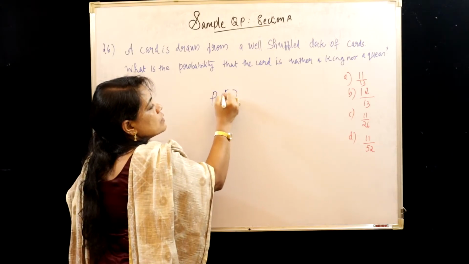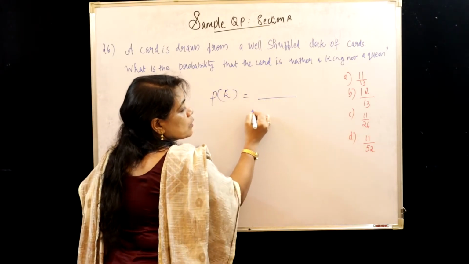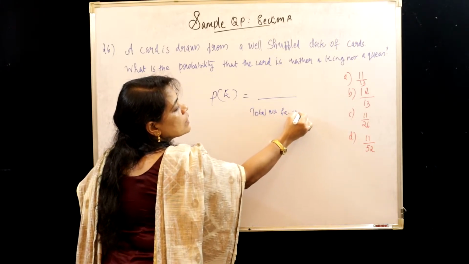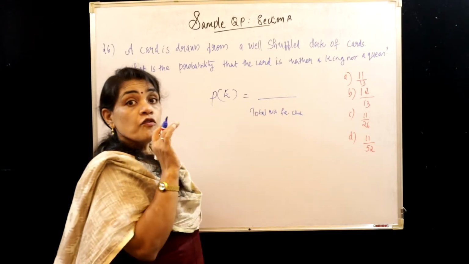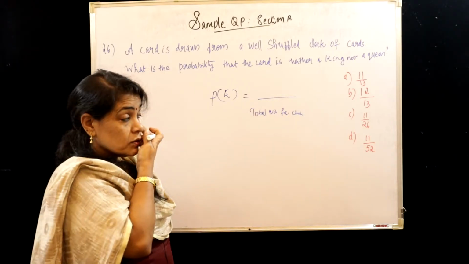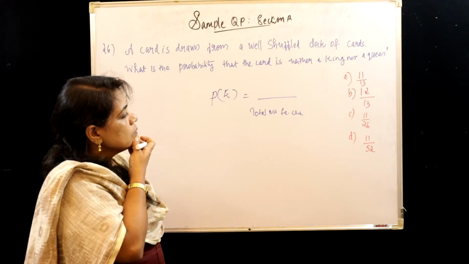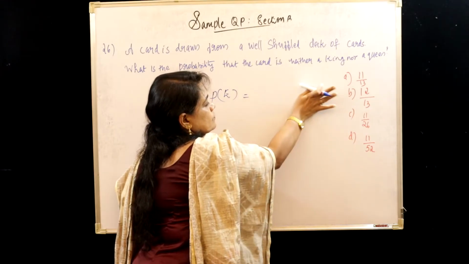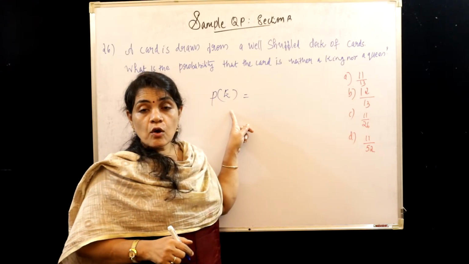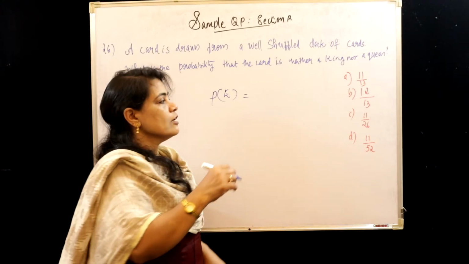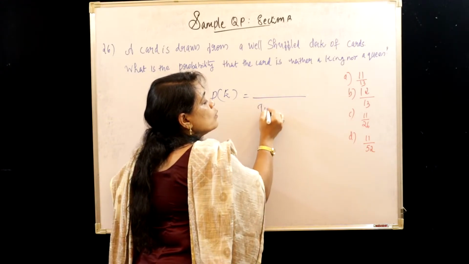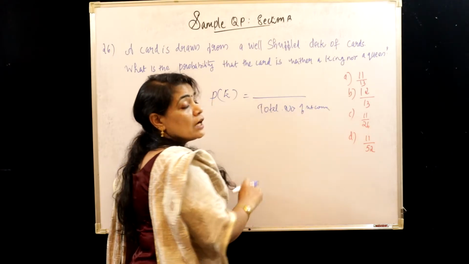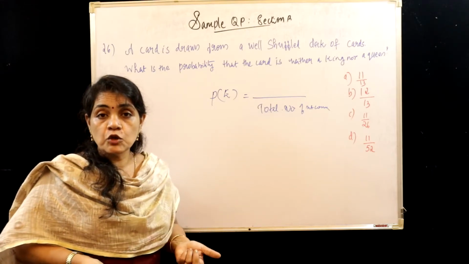That is our event. And what is the definition? The probability of an event P of E: the total number of outcomes should come in the denominator, and what comes in the numerator?